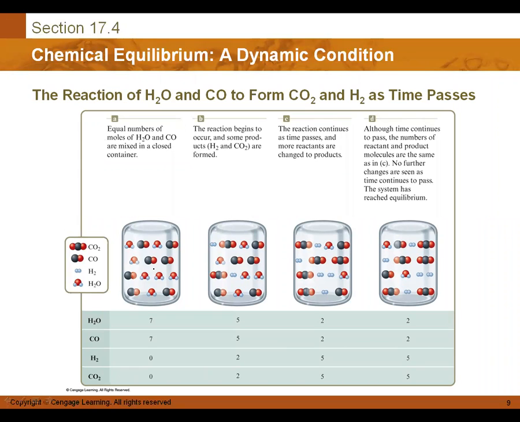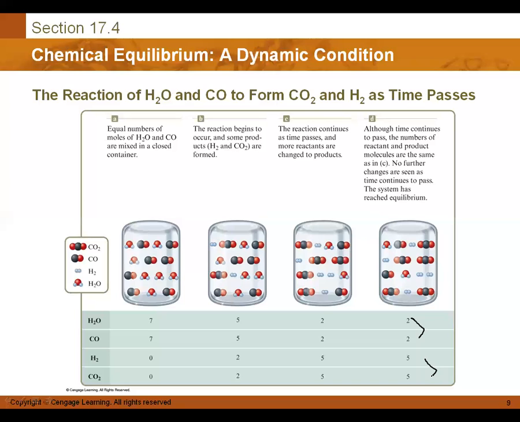So in a reaction of H2O plus CO to make CO2 and H2, at some point it will reach equilibrium. At that point, the numbers lock in where they're at when it reaches chemical equilibrium. As you can see, you don't have the same numbers on each side.